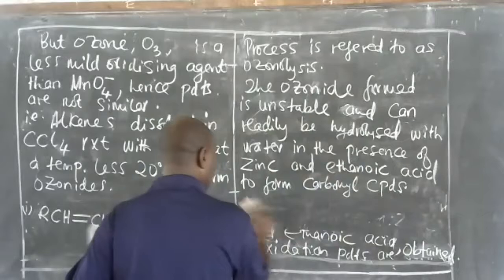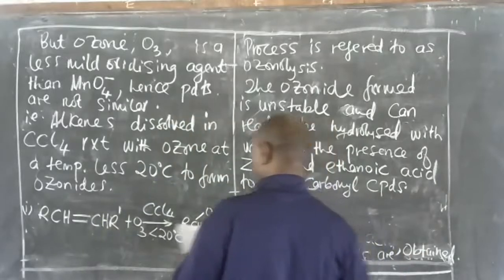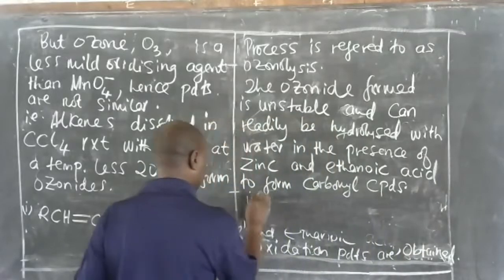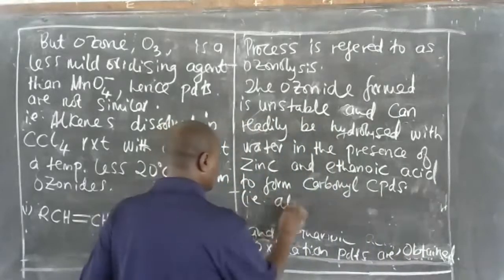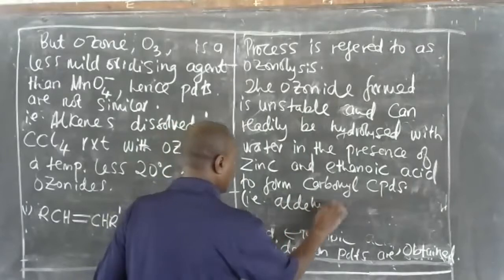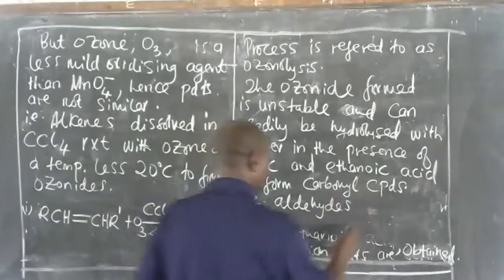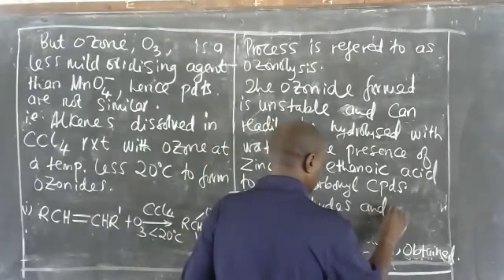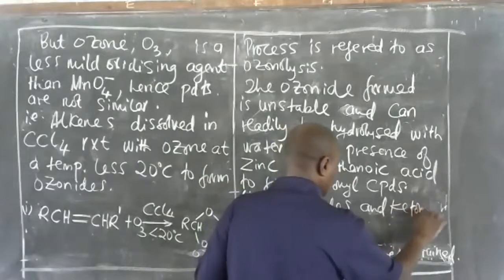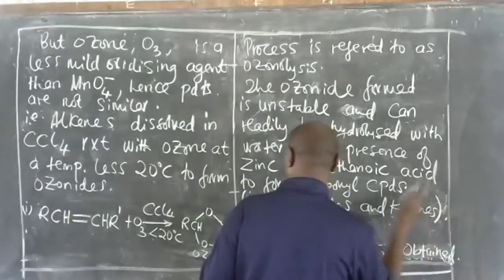The carbonyl compounds obtained here are mainly aldehydes and ketones.